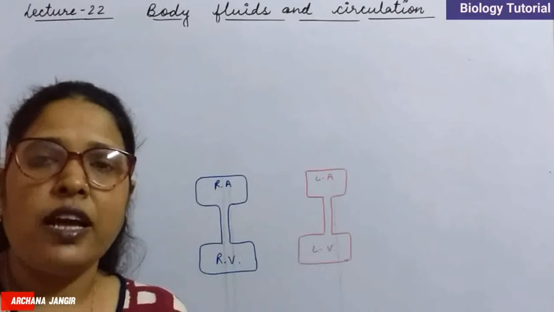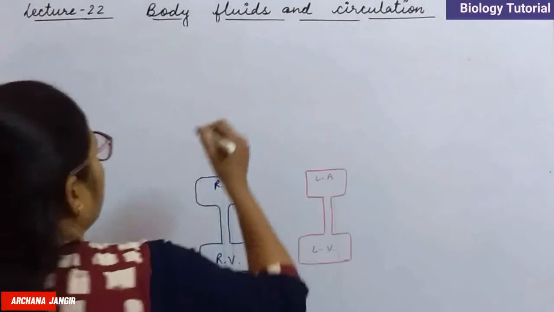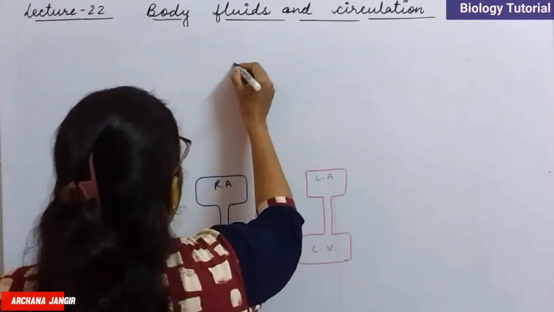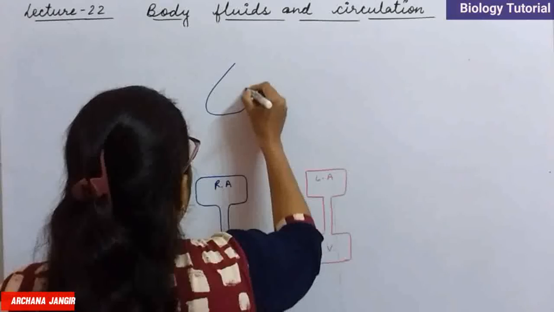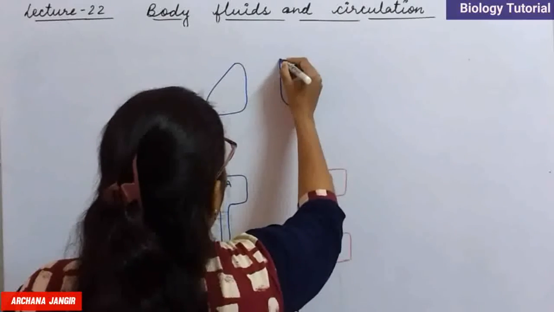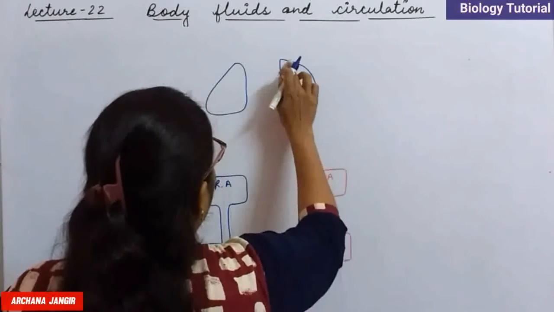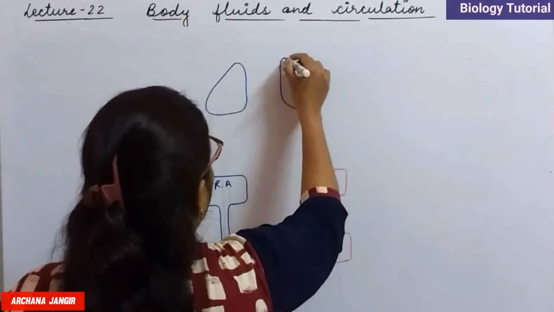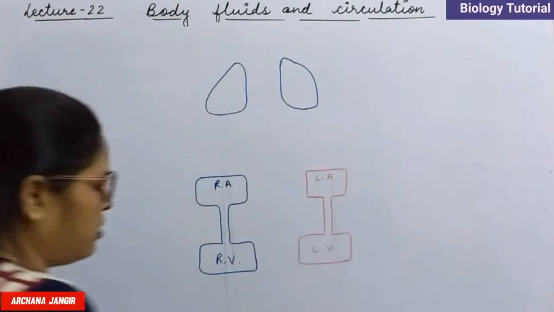On the upper side both of the lungs are there. So here are the lungs. This is the right lung and here is the left lung. Both of these are the lungs.